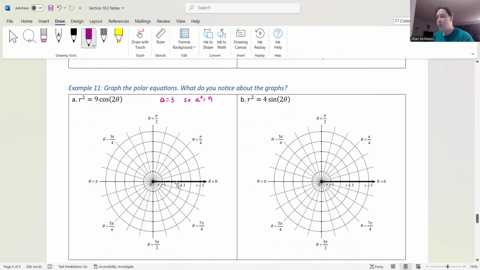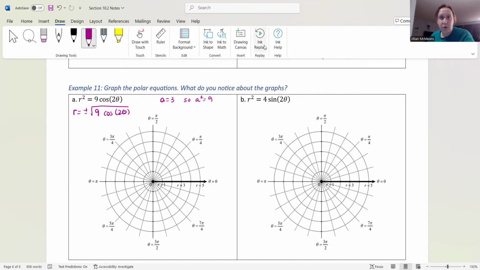What we need to do is make sure we have this solved for r. So r is going to equal plus or minus the square root of 9 cosine of 2 theta. We are going to have to type in the positive square root and then the negative square root. So let's go to the calculator again.